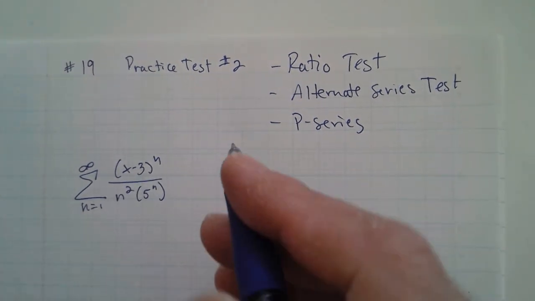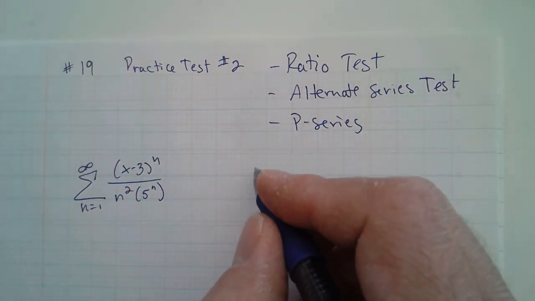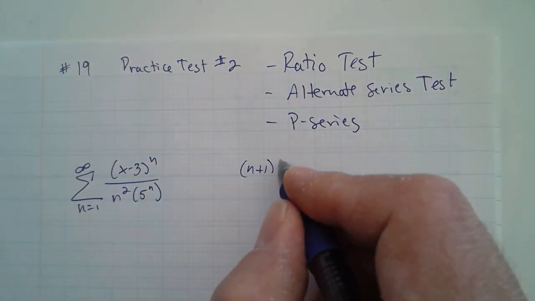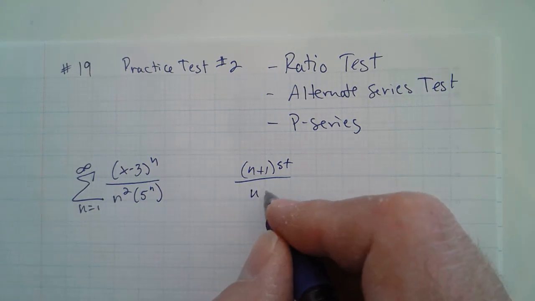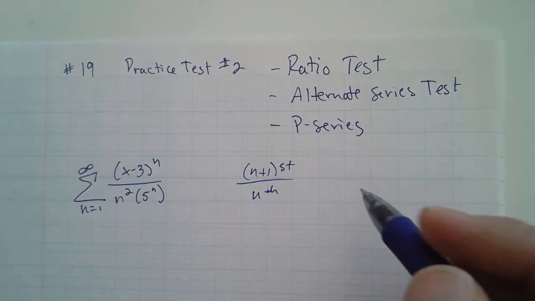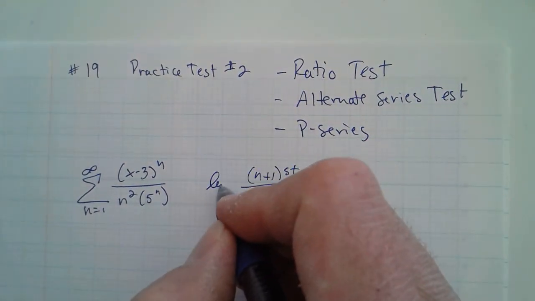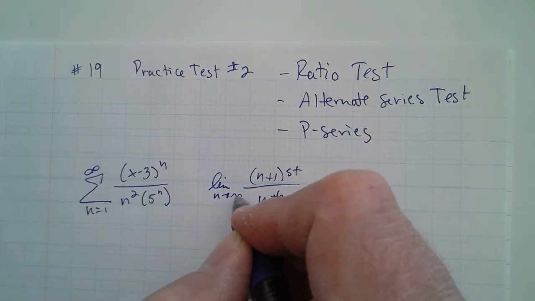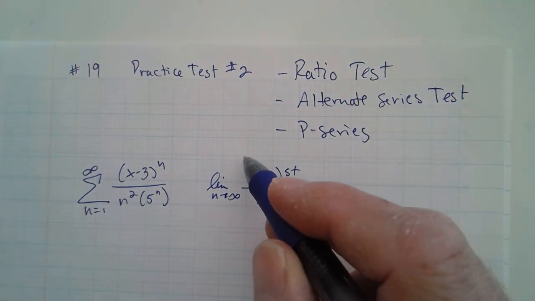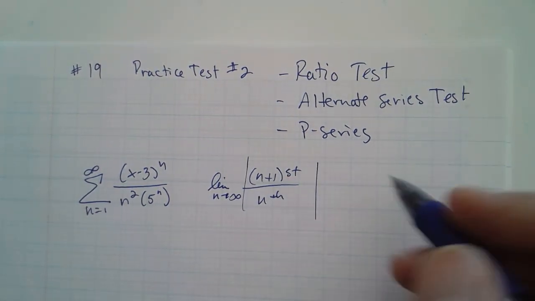So the ratio test is when you take the n plus first term over the nth term and find the limit as n goes to infinity, and take the absolute value of that.